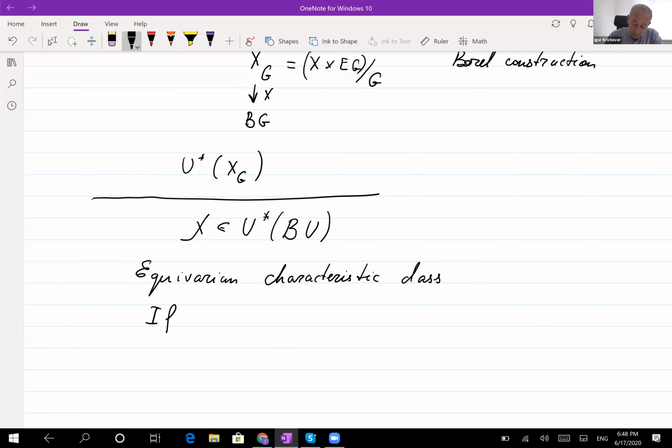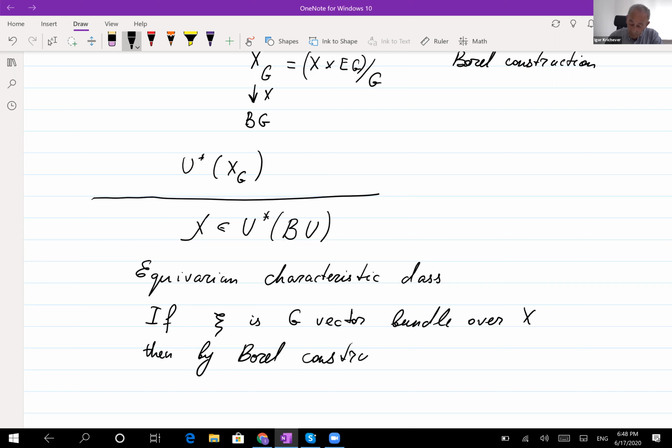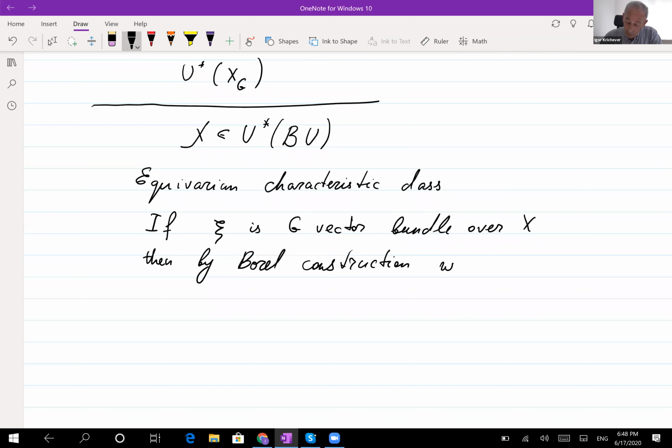If psi is a G vector bundle over X, then by the Borel construction we have a bundle psi G over XG.